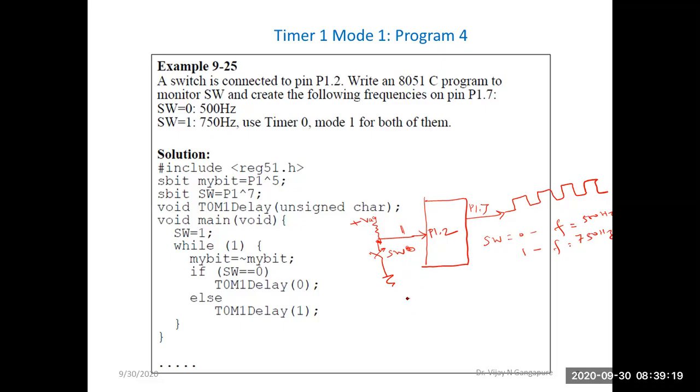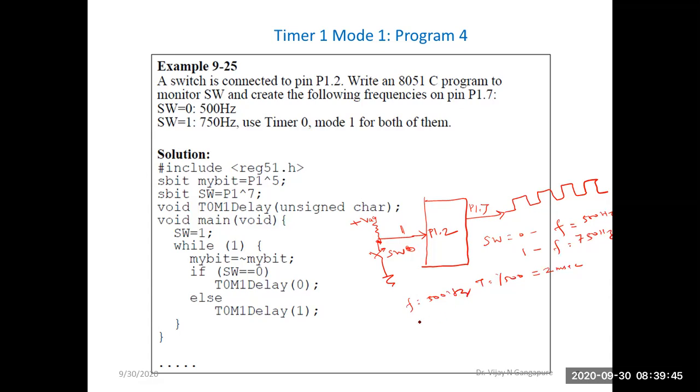If frequency is equal to 500 hertz, its time period is equal to 1 divided by 500, that will be 2 millisecond.